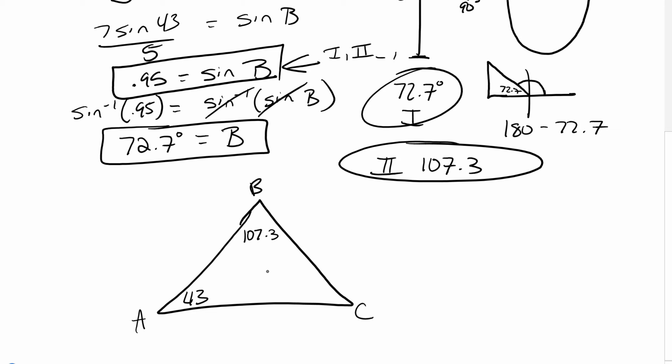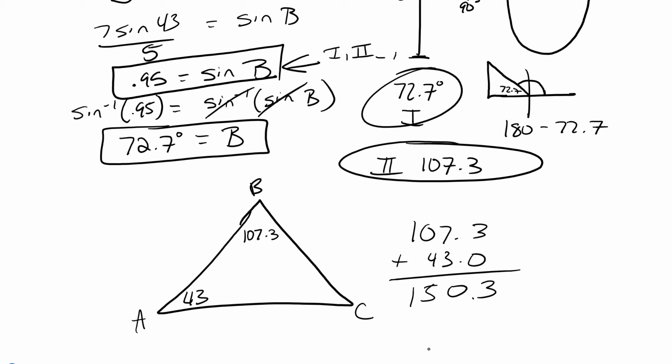If I add the 107.3 with the 43.0, you're going to see that this comes out to 150.3 degrees, which means that the last angle could be 29.7 degrees, because that would give us 180 degrees.